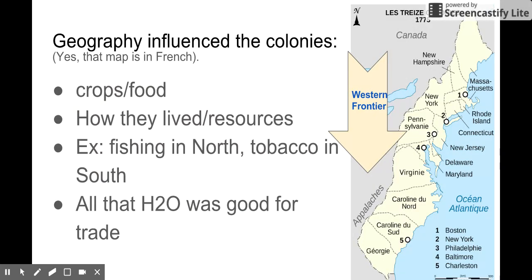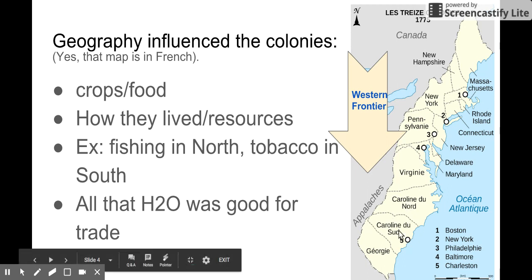You want to know a little bit of the differences between the regions, the New England region, the middle colonies, the southern colonies. I know we went over this a lot before the test. You don't need to know exactly which crop was in every colony, but know the major differences. So in other words, you had a lot of tobacco down here with Virginia, right?